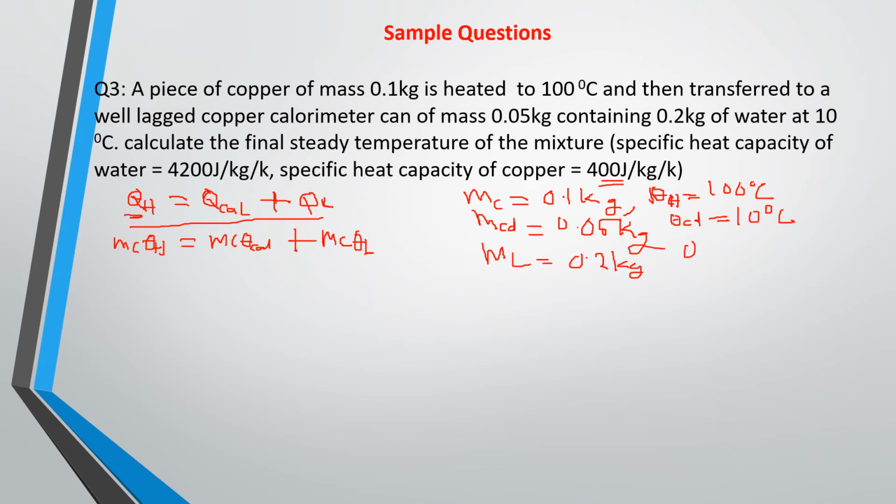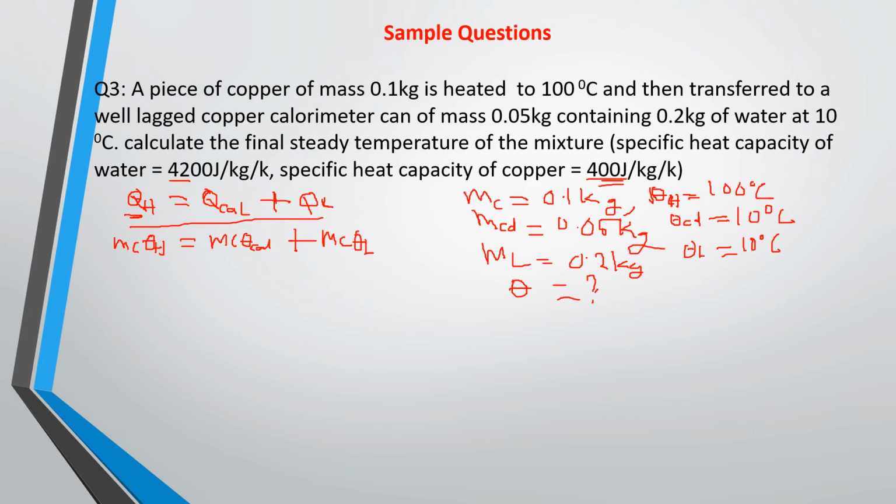Initial temperature of liquid, let me say theta L, is the same 10 degrees centigrade. What did they ask us to find? To find the final temperature theta of the mixture. Now you are given the specific heat capacity of water and of copper, so we'll take that from the equation.